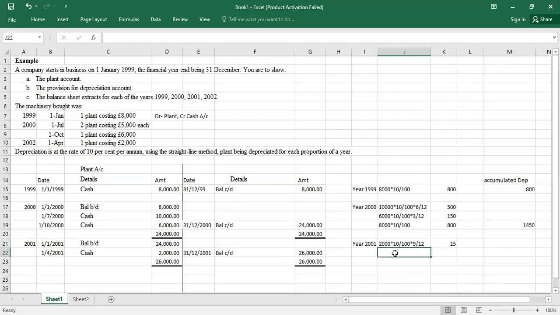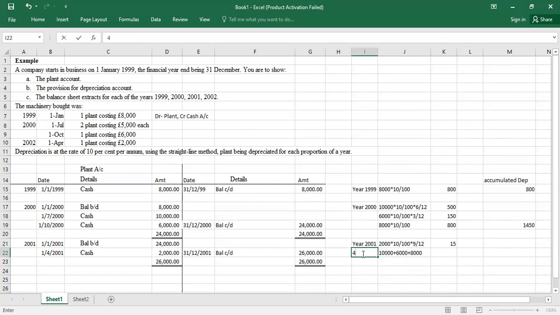Then don't forget to accumulate the other machines, which are now taking a whole year. I have the machine that cost 10,000, 2 plants that cost 10,000, I add the one that cost 6,000, and I add the one that cost 8,000, right? So this gives me 24,000.